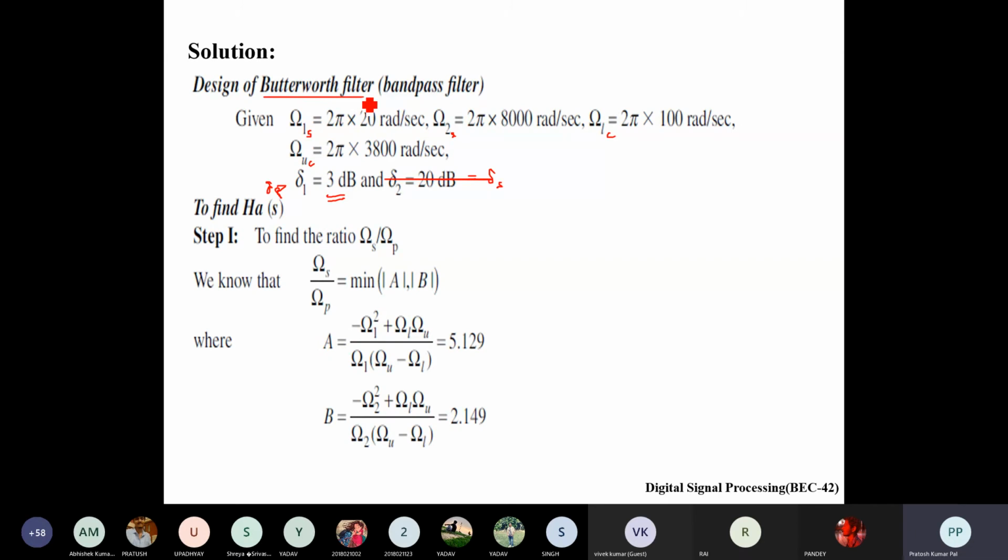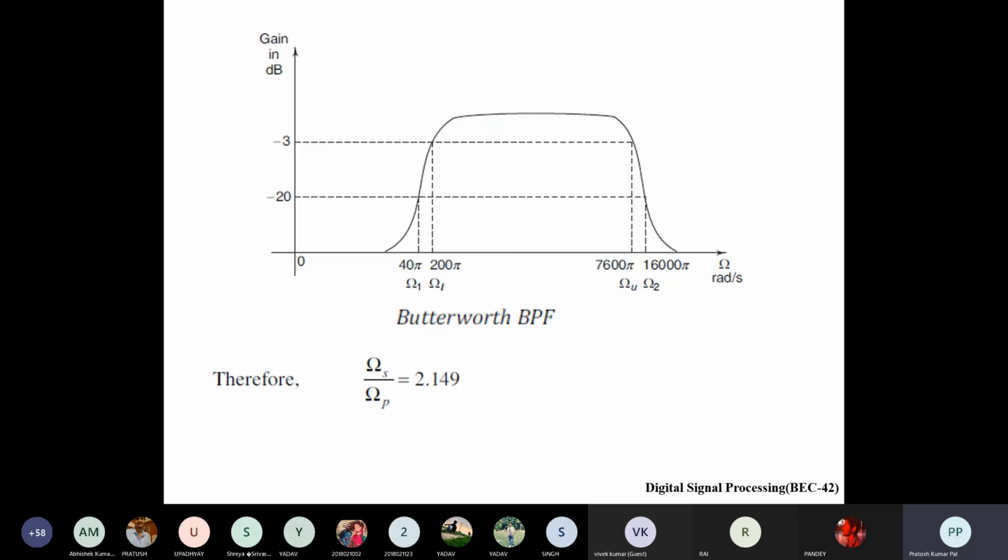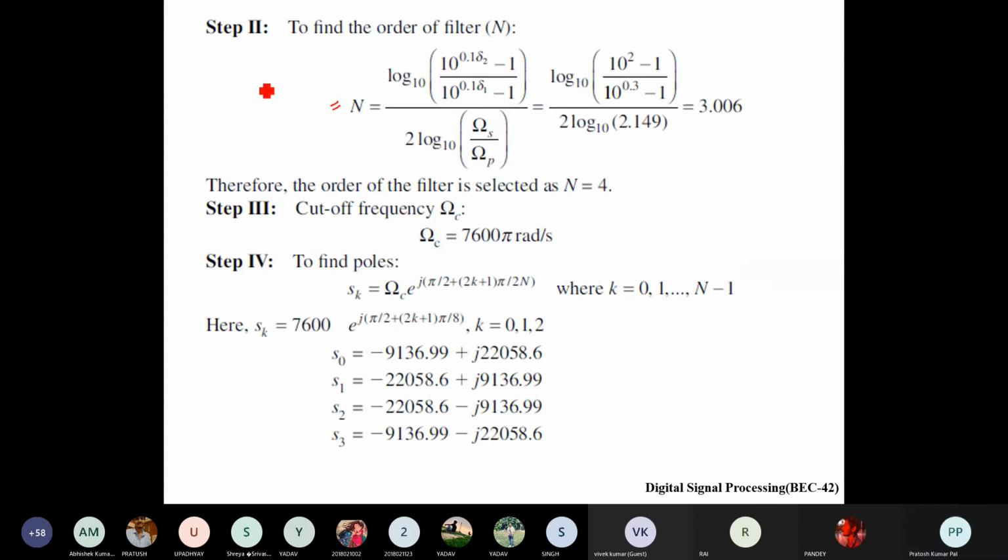In that case, with the Butterworth filter assumption, the value of n is given by log 10 of 1 upon delta 1 squared minus 1 divided by 1 minus delta. If it is given in dB, it has already been converted from dB into the direct value. So this could be the formula used.